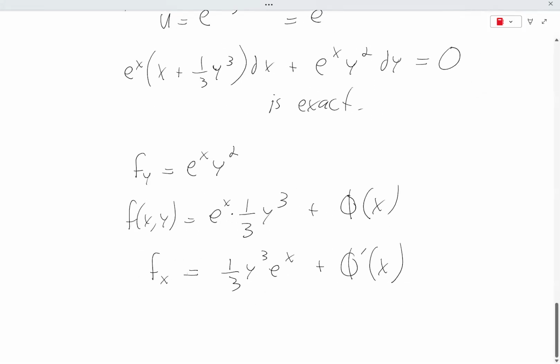But then what's f sub x? It's also equal to what? You go back up to here. So e to the x times x, don't forget the e to the x in front there too, e to the x times x plus 1/3 y cubed. That's equal to the right side here.